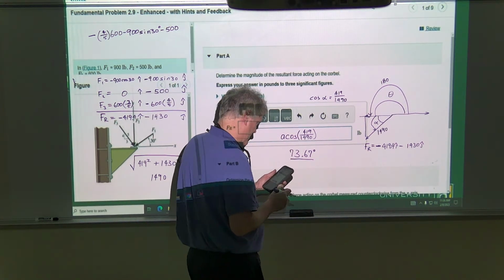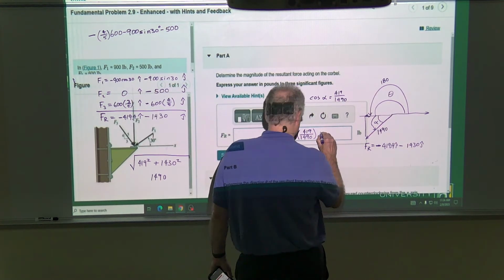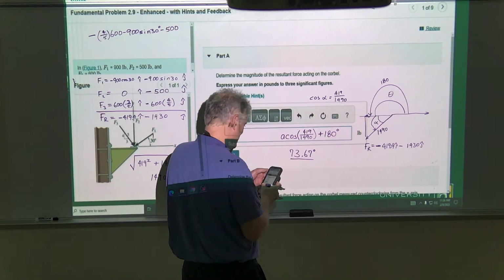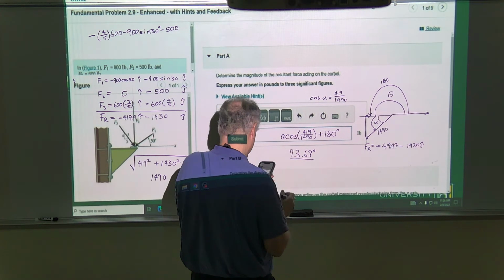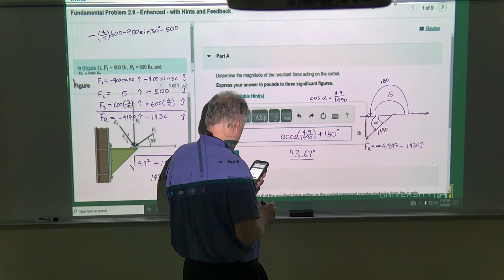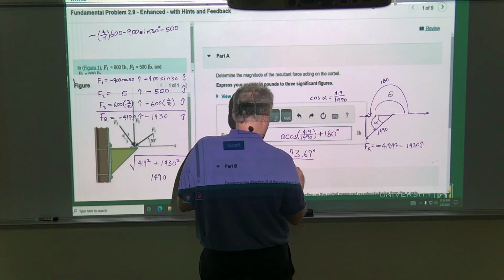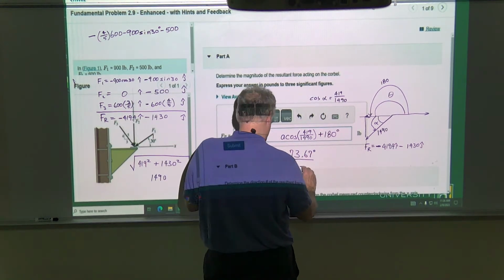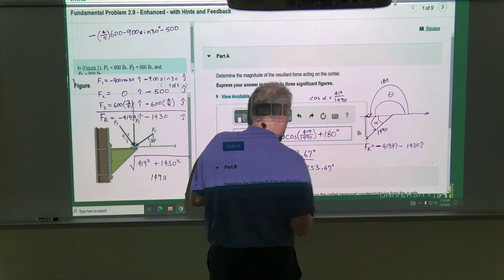Now, if I add, let's see what Photomath thinks of that one. Will it convert? Interesting. That's how it goes back. Okay, so this angle, the theta, which is all of that, is 253.67 degrees. That's weird.